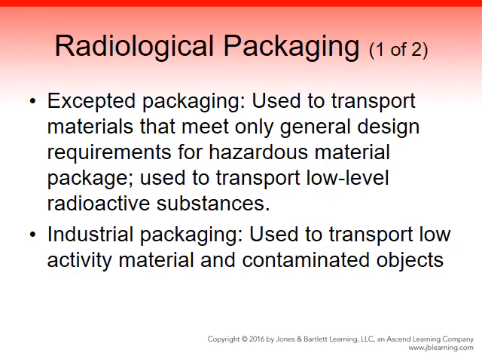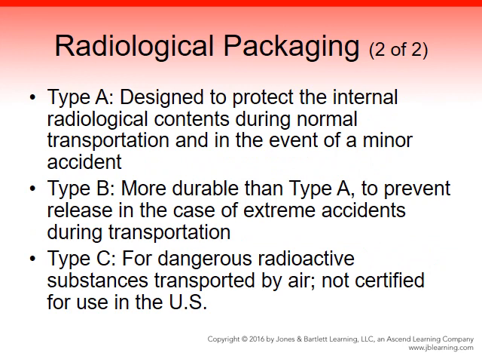Industrial packaging is used to transport low activity material and contaminated objects, and you have Type A, Type B, and Type C. Type A is designed to protect the internal radiological contents during normal transportation and in the event of a minor accident.